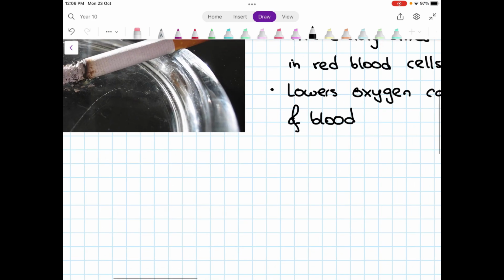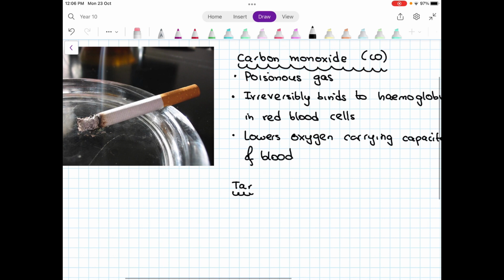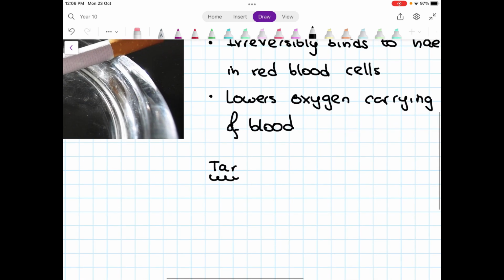You also have tar that's contained in cigarettes, and tar is a mixture of chemicals. They are thick, sticky, dark fluids, and they're produced when tobacco burns.